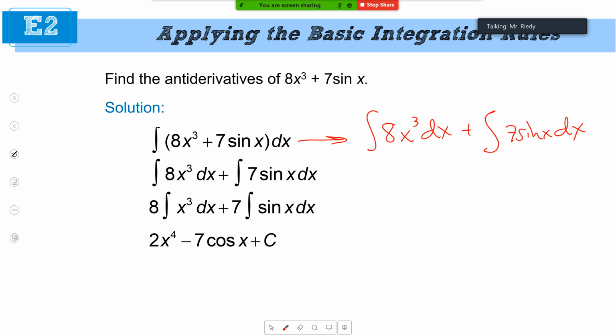Right? And if I take this antiderivative, I get 2x to the fourth plus c minus 7 sine x plus c. Ooh, and don't get sloppy. That should be in parentheses, right? So you're saying to yourself, Noah, well, isn't c minus c 0?